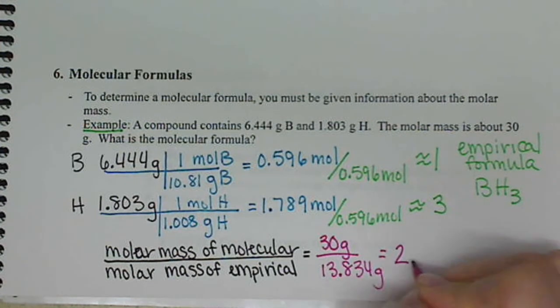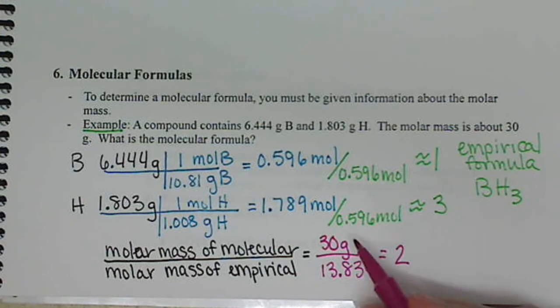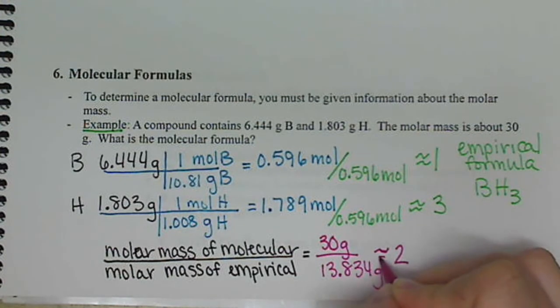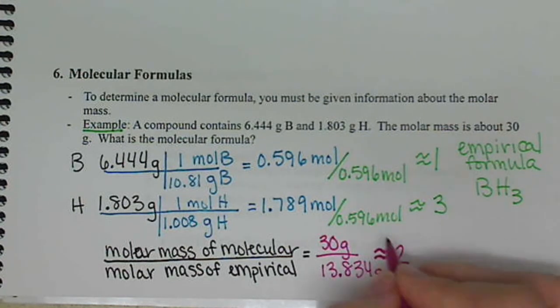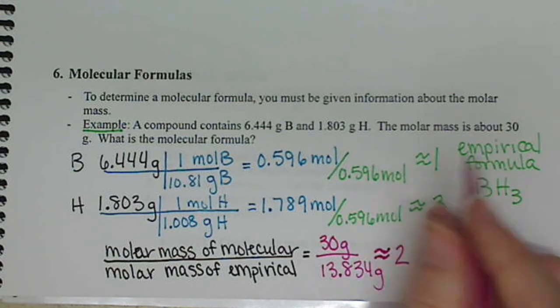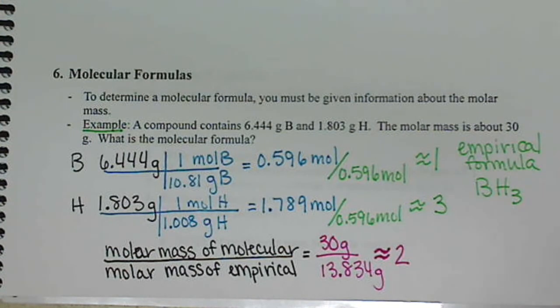So that's approximately 2. And remember, we're really approximating, so let me change this here. We're going to the nearest whole number here, whereas up here you might keep it to the nearest half. If that doesn't work out, you want to go nearest quarter or nearest third. But down here, definitely you want the nearest whole number.